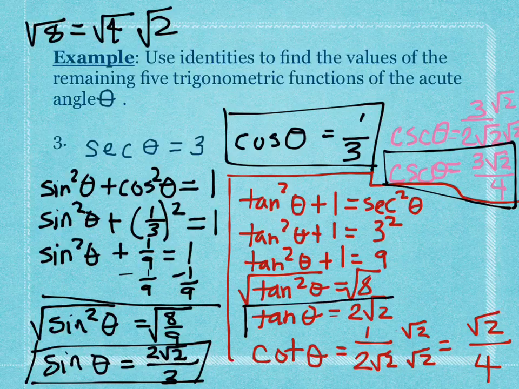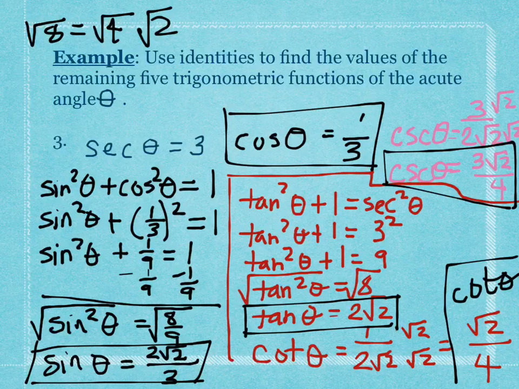I have tangent right here. And then this was my cotangent over here. Okay? Any questions on how we did those? Again, if you don't like that method, you don't have to use it. You have two ways of doing this problem.